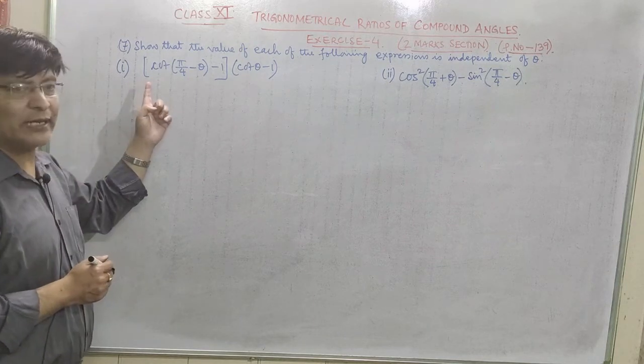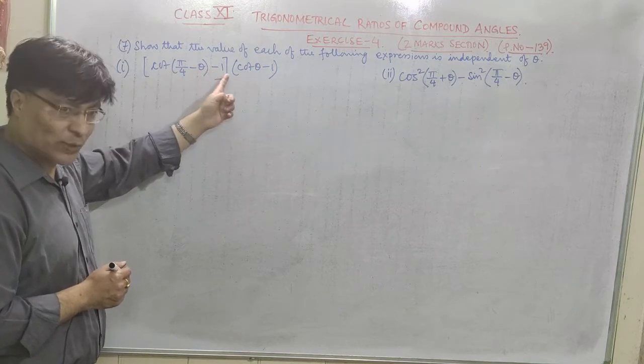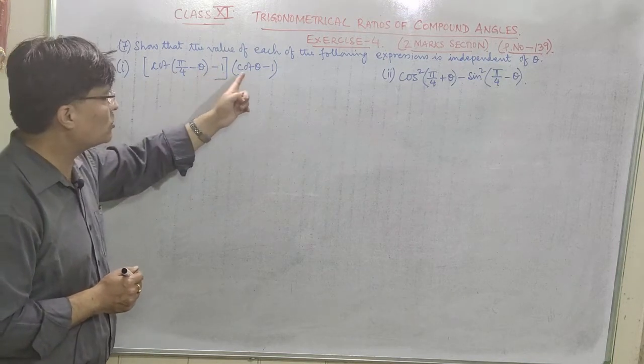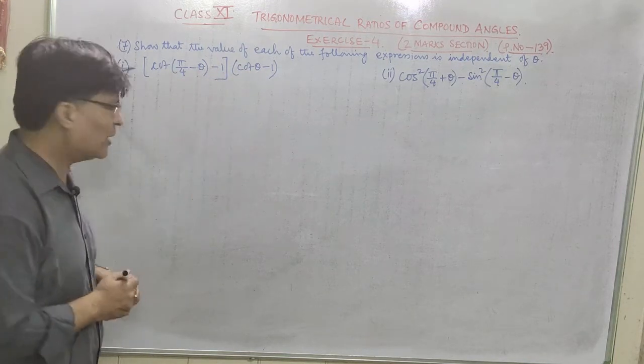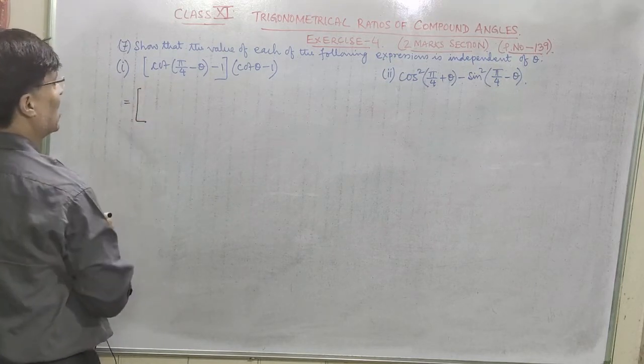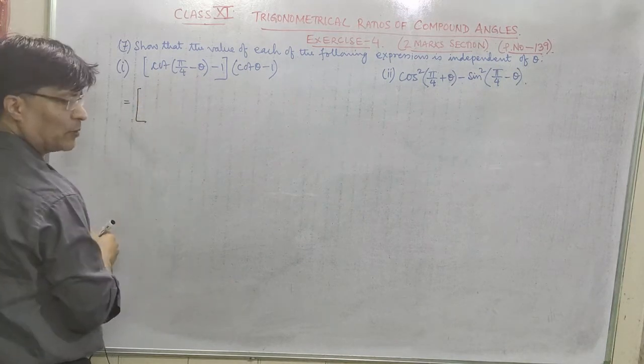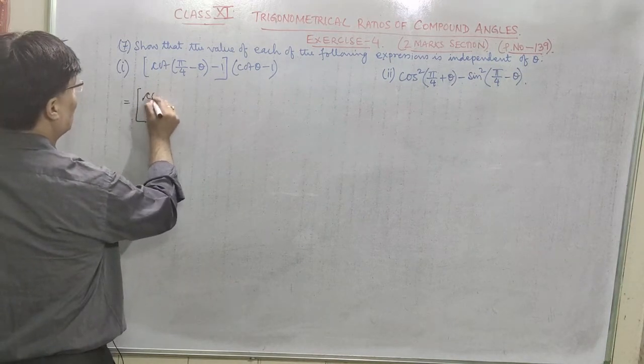So within third bracket we have here cot of pi by 4 minus theta minus 1. Third bracket is closed into cot theta minus 1. So let us simplify it. This is the formula cot of a minus b. What is the formula cot of a minus b?